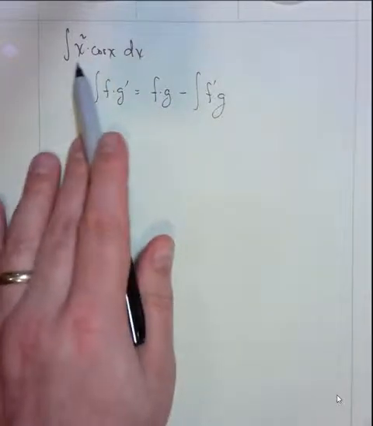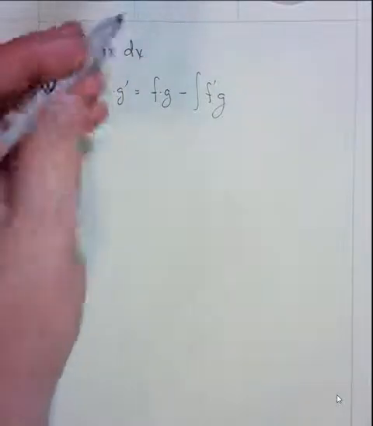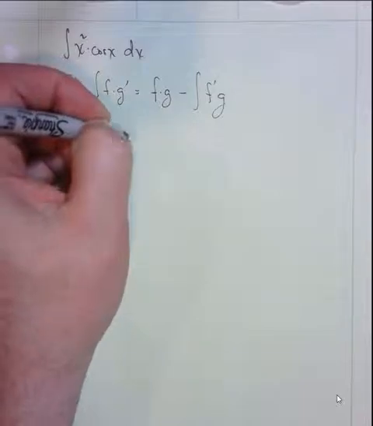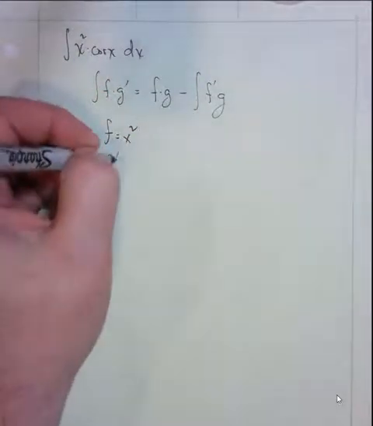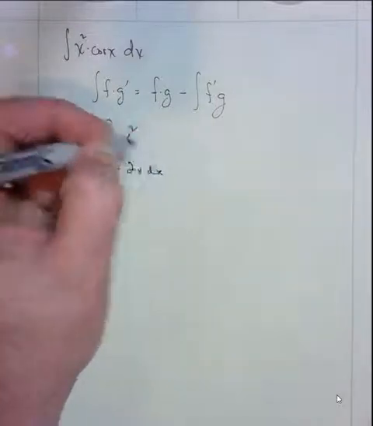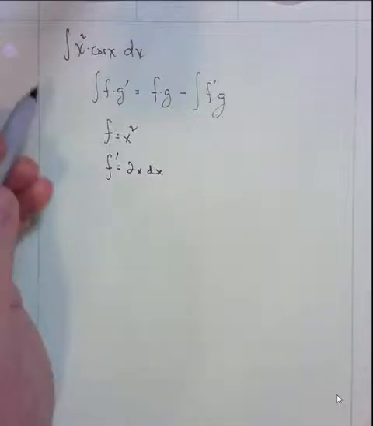In this case, it will be strategic to allow x squared to be associated with f. So if we let f be x squared, that means that the new integral we're about to construct will actually have 2x dx in its place.